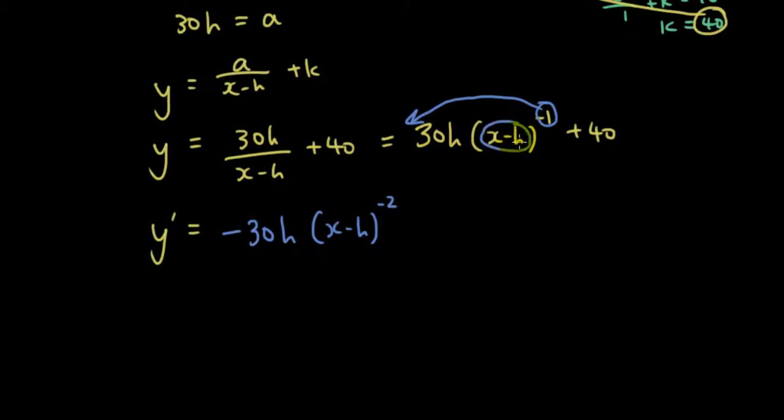Now remember, h is a constant, h is not a variable, so you treat it as a constant. So when you differentiate a number, it just turns into 0. So therefore the inside derivative is just 1. So if you times by 1, you don't have to write it. So that's the derivative of this whole thing here.